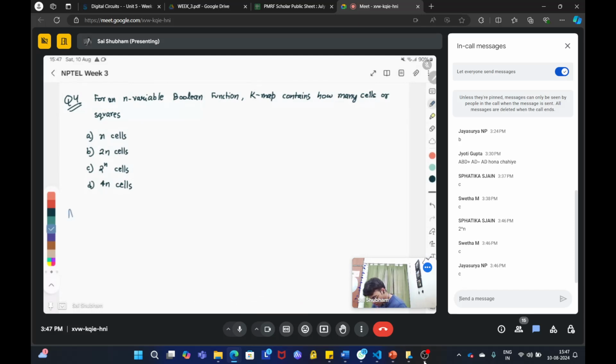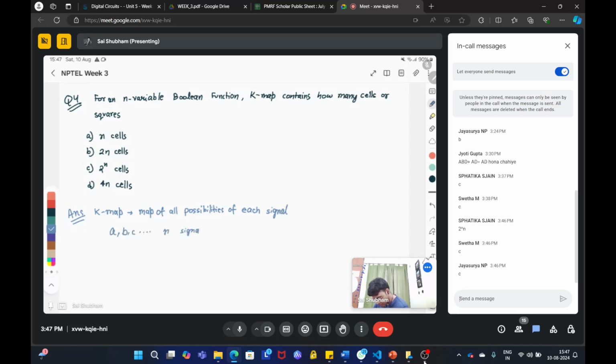So a K-map is basically, I will discuss the solution. So the K-map is basically what? A map of all possibilities of a signal. Of each signal. So suppose I have A, B, C, like n signals if I have.